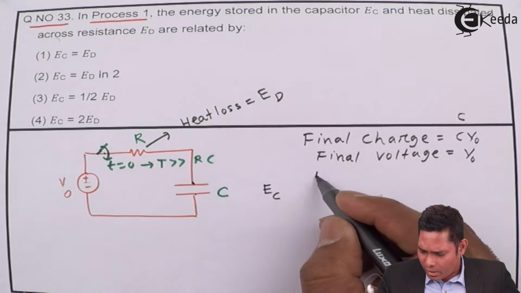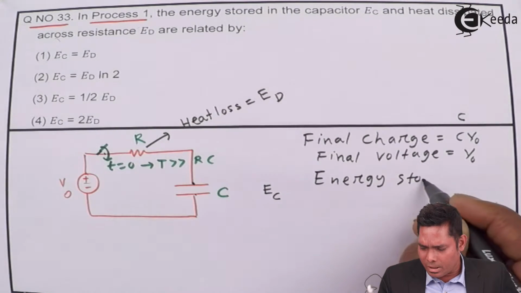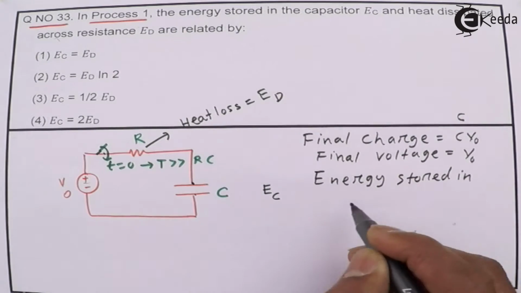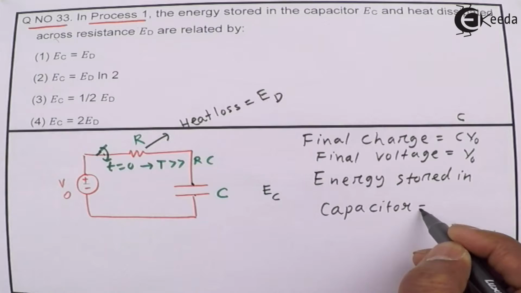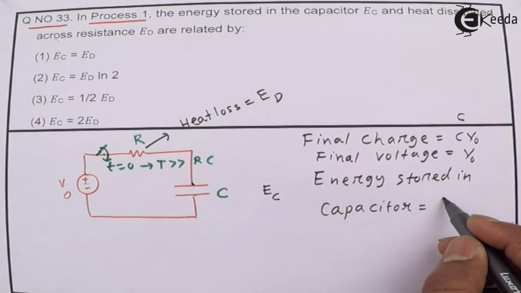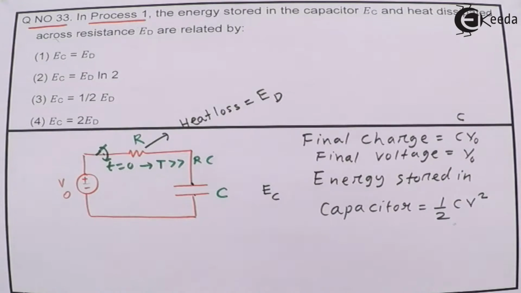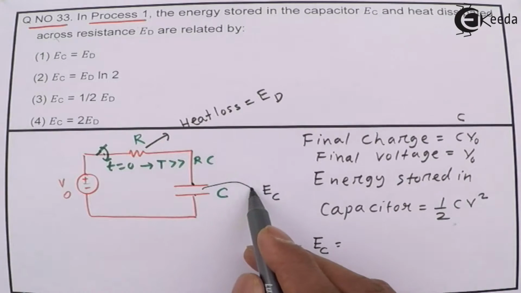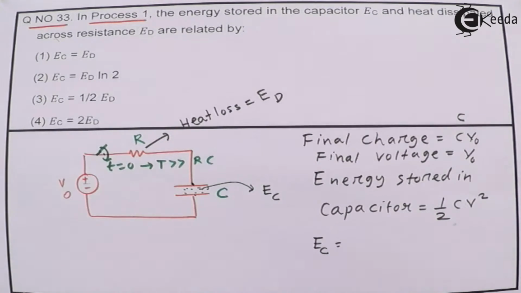So obviously then the energy stored in the capacitor is half CV square. This is the formula I can use. Here EC stands for the energy that is stored in the electric field of the capacitor plates.